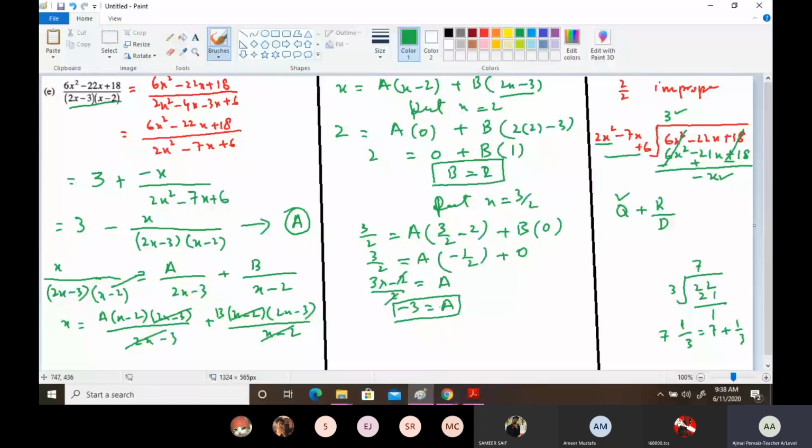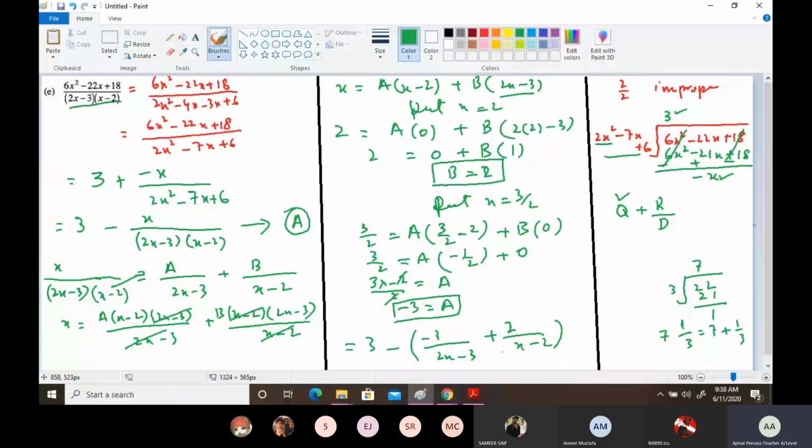Now when we put this B and A over here in equation A, our final answer is going to be 3 minus this one. Our A is minus 3, so minus 3 divided by 2x minus 3. And our B is 2, so plus B means 2 over x minus 2. You can open the bracket and simplify the signs. That is 3 plus 3 over this, 3 minus 2 over this.